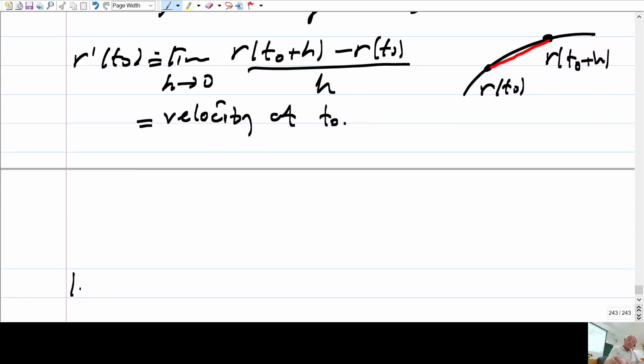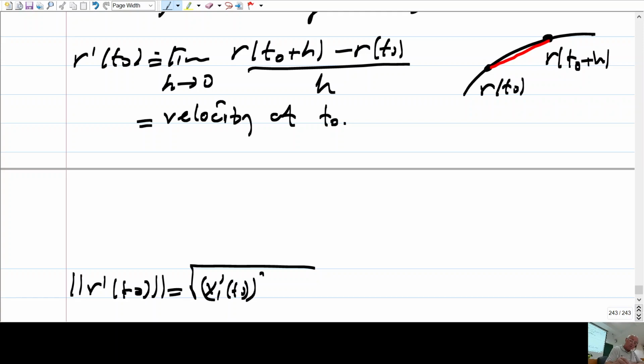The length of the velocity vector, of course, is just the norm of this vector. So this is just the square root of x prime t0 squared plus y prime t0 squared plus z prime t0 squared.